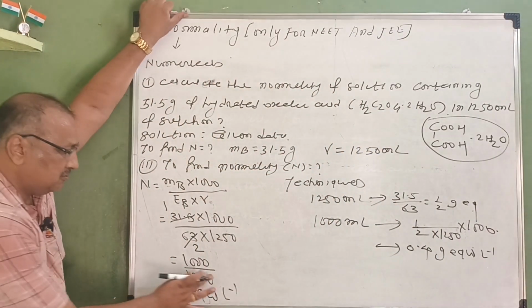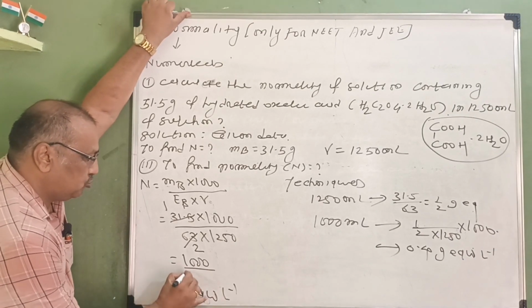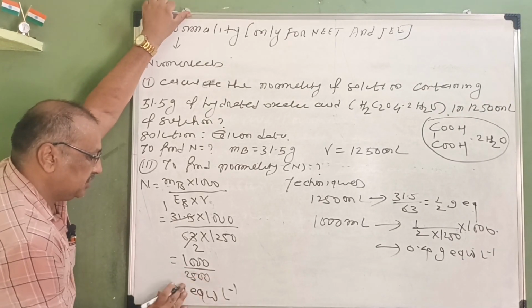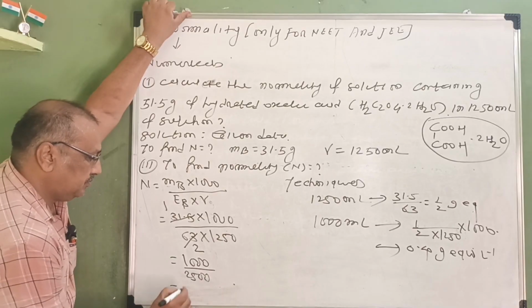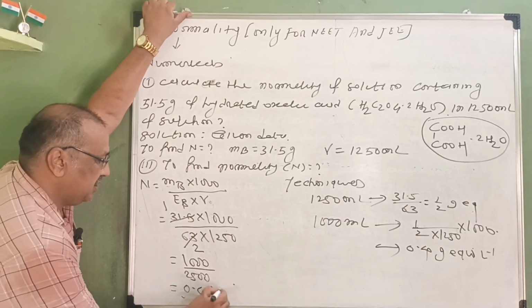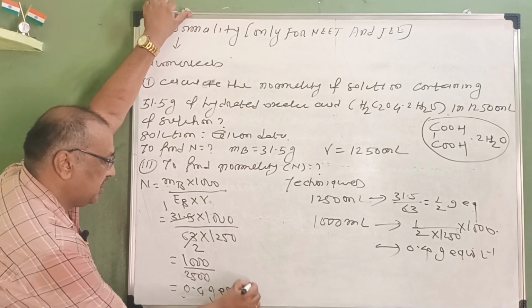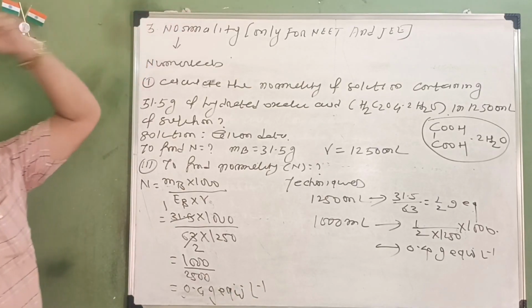That means here 2500, here write down 0.54 gram equivalent per liter.